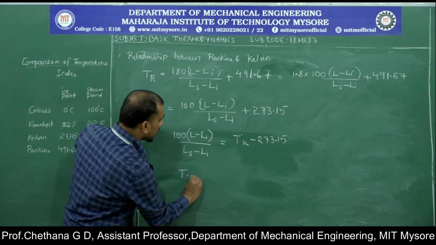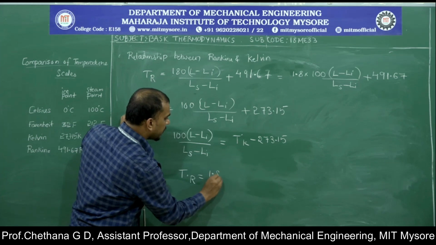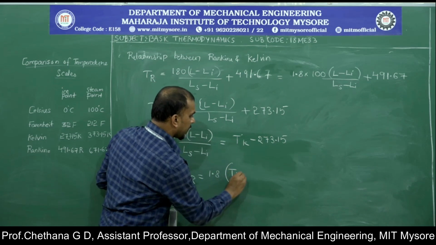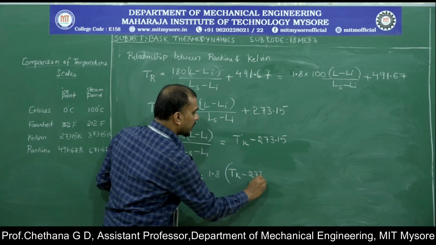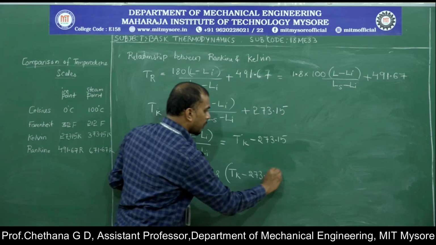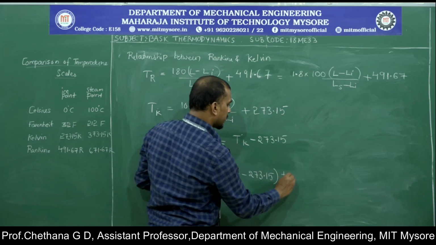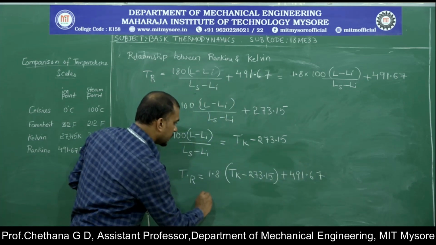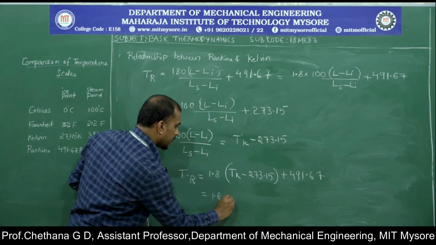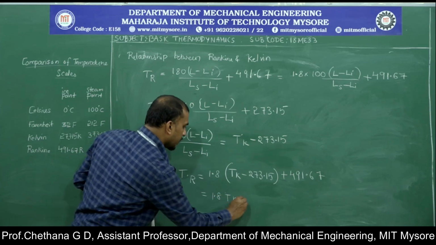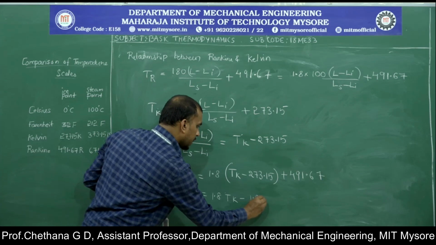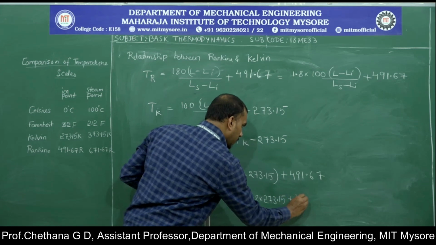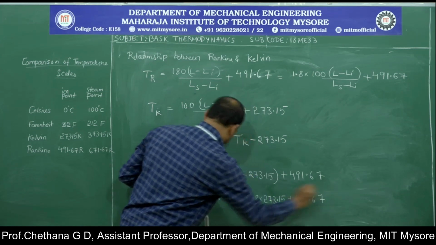So Rankine is equal to 1.8 into this value, that is temperature in Kelvin minus 273.15, plus 491.67. Multiplying, we get 1.8 times temperature in Kelvin, minus 1.8 into 273.15, plus 491.67.